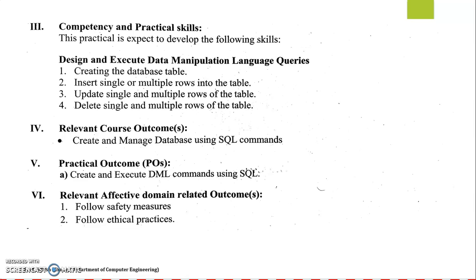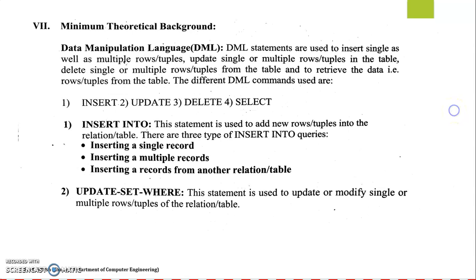In this, they will be able to create the database table, insert single or multiple rows in a table, update single and multiple rows in a table, and delete single or multiple rows of a table. Relevant course outcomes: create and manage database using the SQL commands. Practical outcomes: create and execute DML commands using the SQL. Then the relevant affective domain related outcomes are follow safety measures and follow ethical practices.